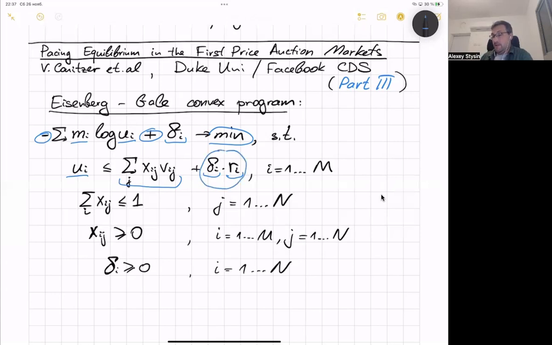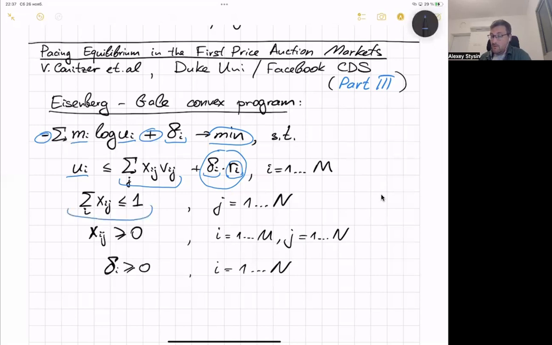As I already explained above, the agent values his budget at this minimum rate. So he would not want to convert his budget to value if the conversion rate is less than this ROAS.